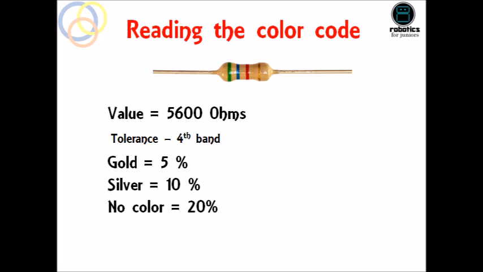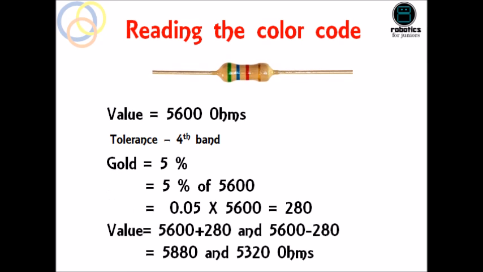So if the fourth band is gold, then the tolerance value is 5%. We calculate 5% of 5600, which is 5600 into 0.05. That gives us the value of 280. So the value of resistance is between 5600 plus 280 and 5600 minus 280.